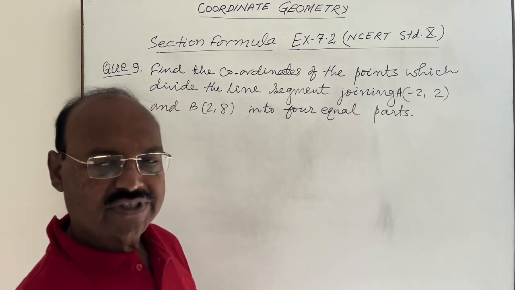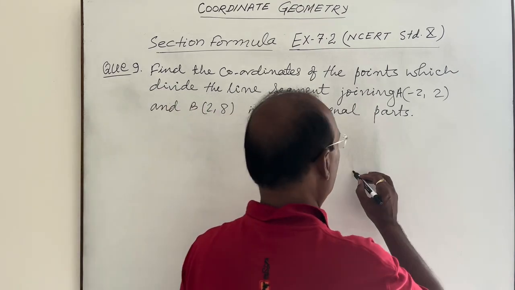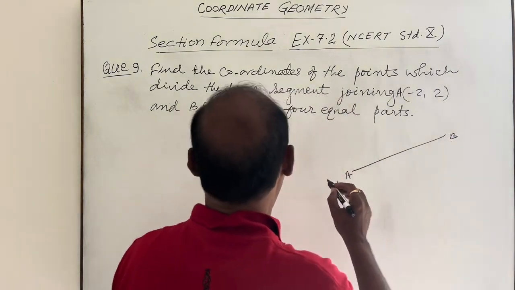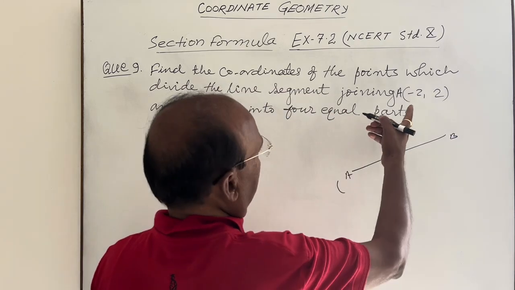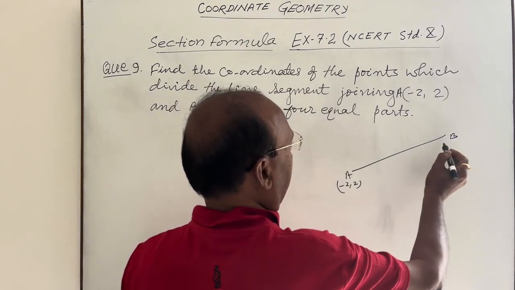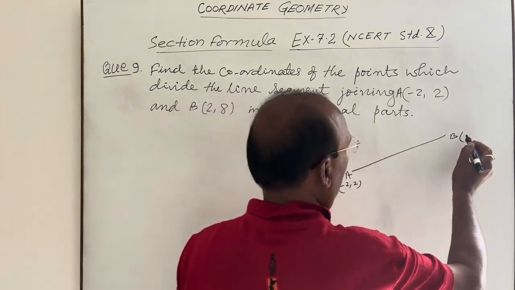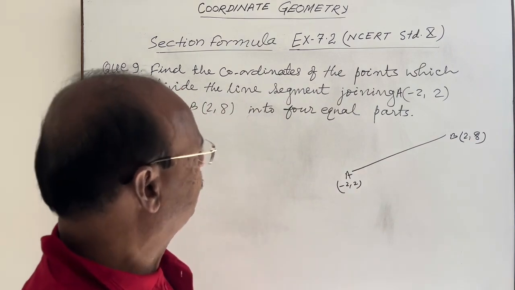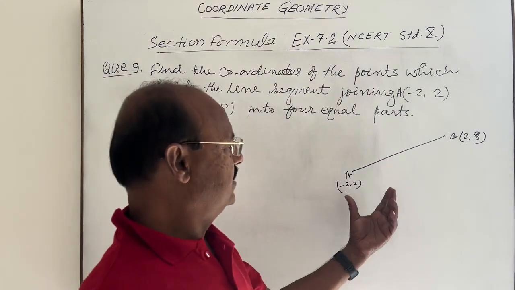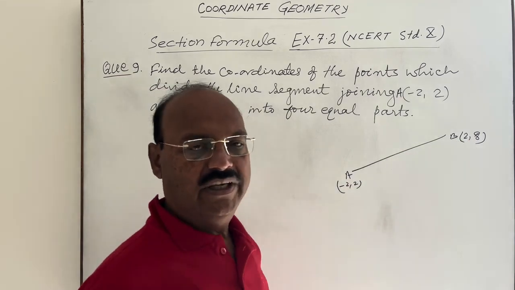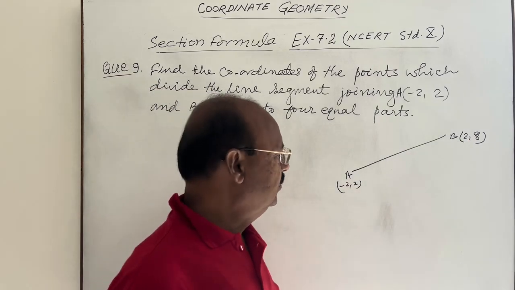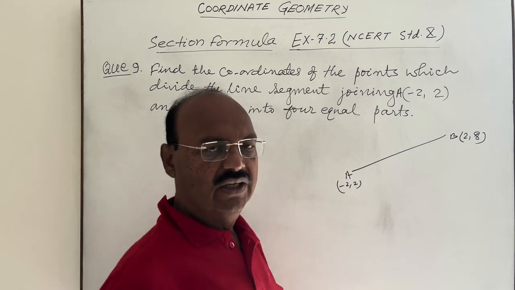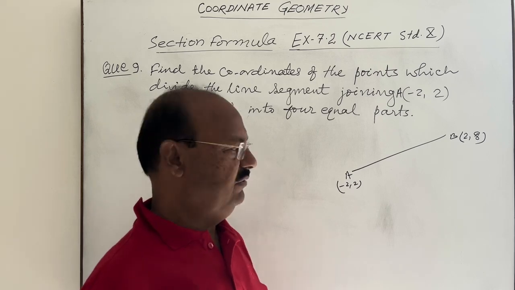Suppose this is a line segment AB joining two points A and B. We have to find the coordinates of the points that divide this line segment AB into 4 equal parts. For dividing the line segment into 4 equal parts, we need 3 points of division.